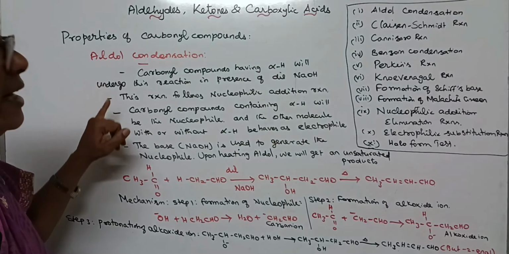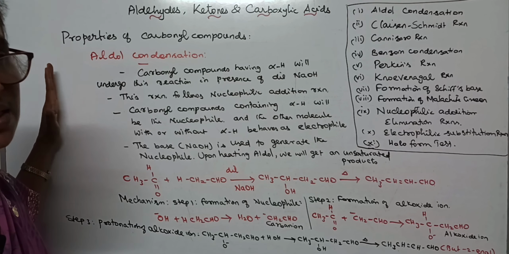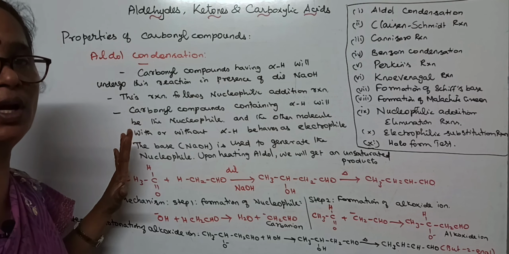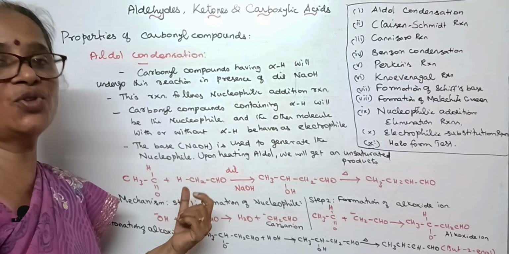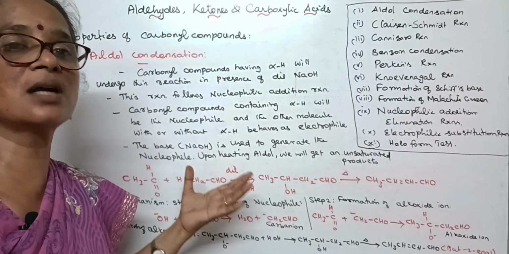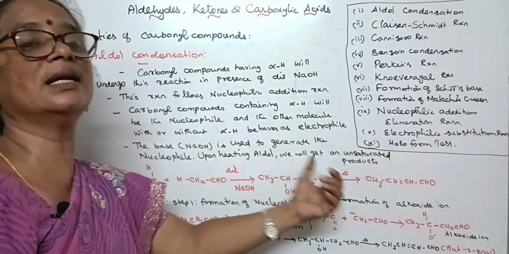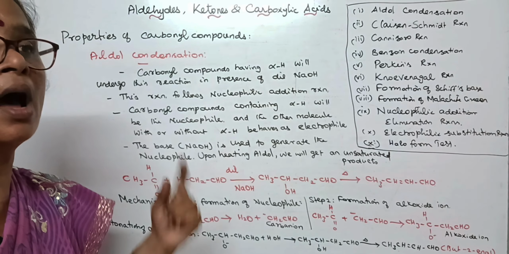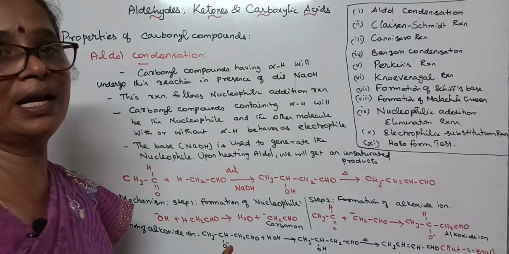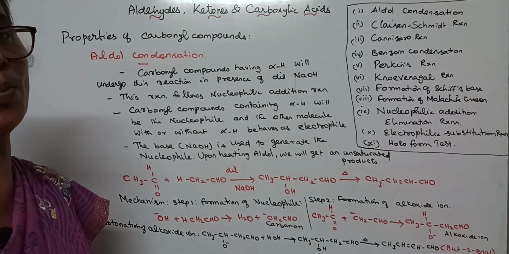The reaction is to be carried out in the presence of a dilute base. The base is useful to generate the nucleophile, that is the carbon having the negative charge, known as a carbanion. This carbanion subsequently attacks the electrophile of another carbonyl compound, of either the same carbonyl or a different carbonyl.